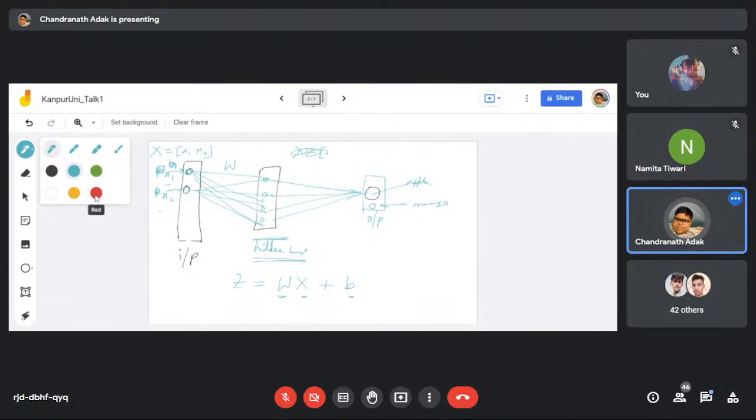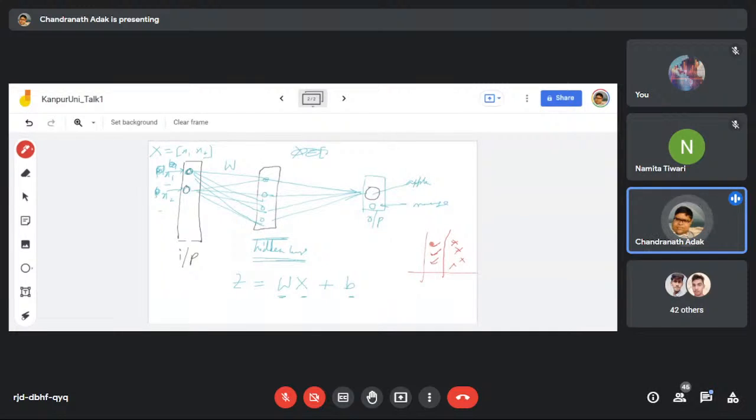After that we add an activation function. Why do we use this? To capture the non-linearity. Suppose in a feature space, this tick symbol is for apple and this cross is for oranges. We can linearly separate these two.